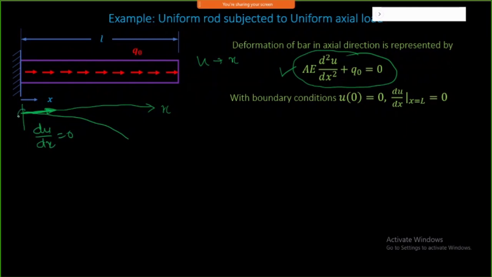At this point, my slope or tangent, or I can say strain also, is 0. So this is the condition. Okay, and this is also possible at x equal to L also.